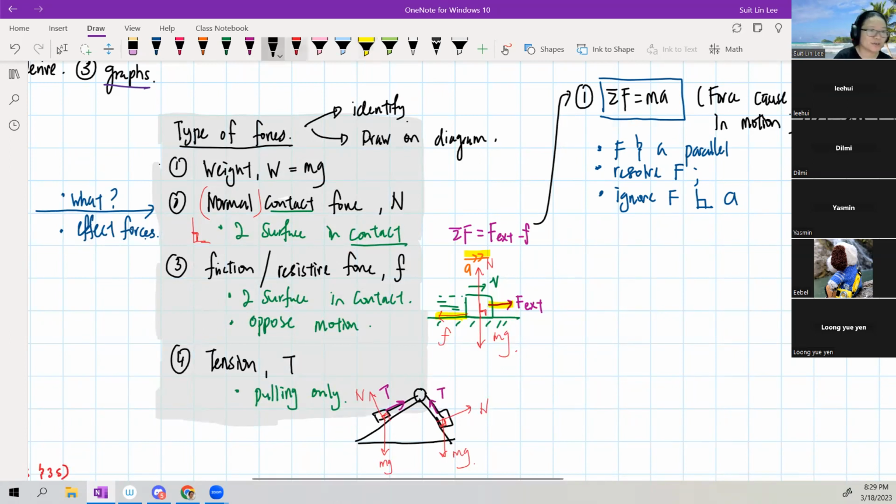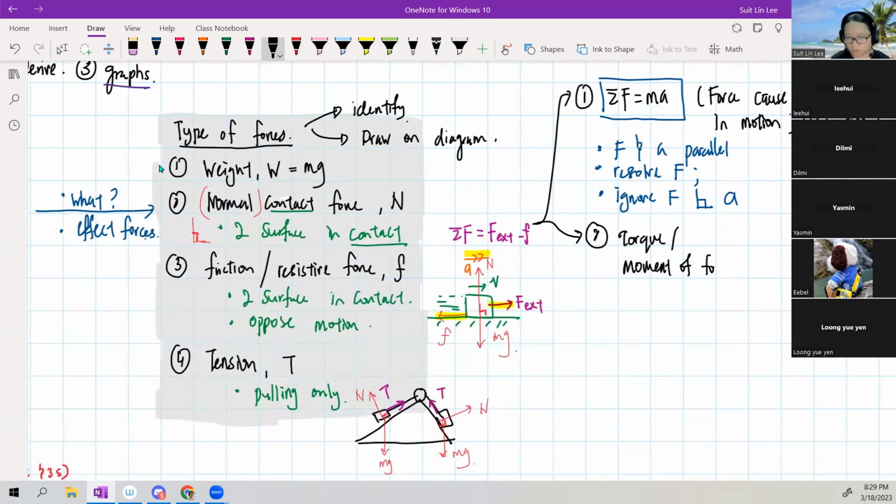Okay, all right, next. The second cause of force is net moment of forces, or torque. Normally from the question, it'll be pretty obvious what the effect in focus is.